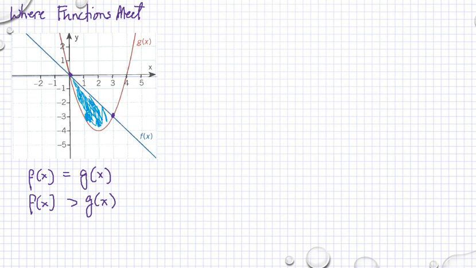But when we're talking about f of x less than g of x, that means the red line is above the blue line. Then we're talking about this area, and also this area.